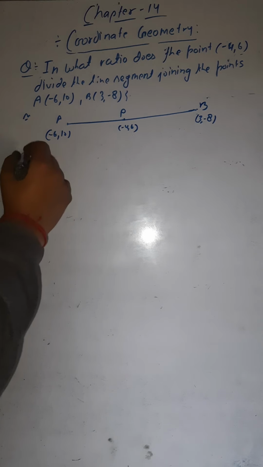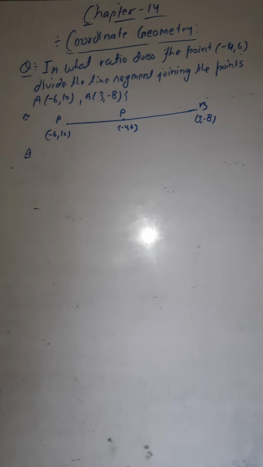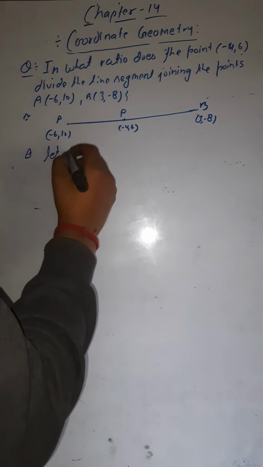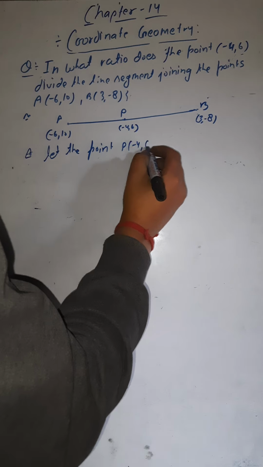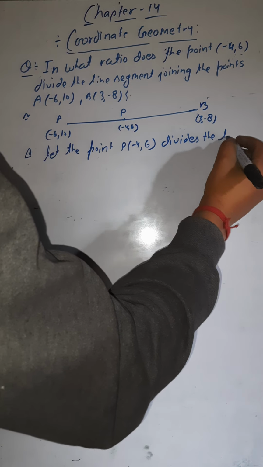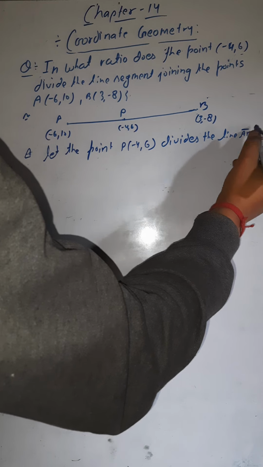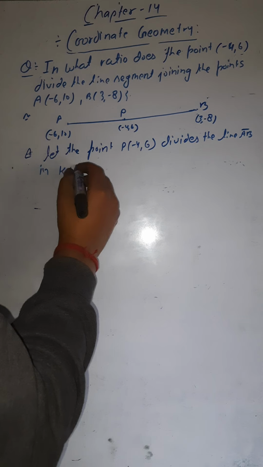Let the point P, that is (-4, 6), divide the line segment AB in the ratio K is to 1.